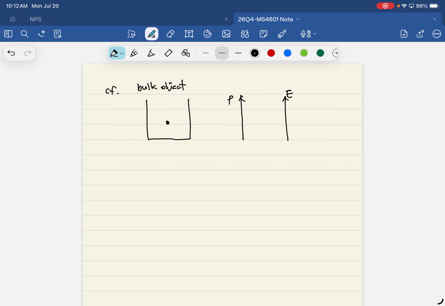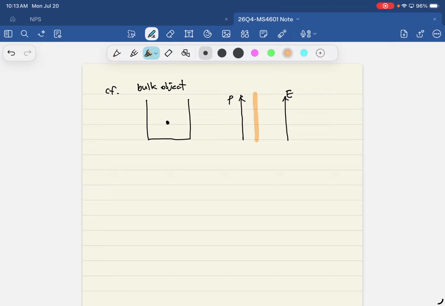For the potential energy, you can locate this bulk object in any place, at any height, which relates to potential energy. So the potential energy of the bulk object can be any value. It's really continuous.